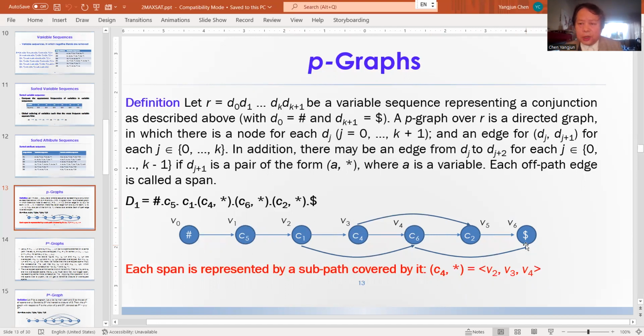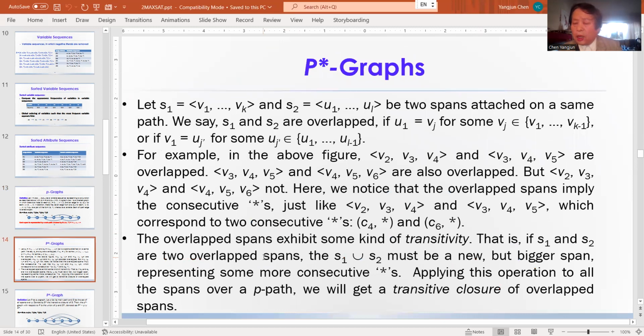From this, we can see that the union of two overlapped spines makes a new but bigger spine which covers two consecutive star notations. Then the overlapped spines exhibit some kind of transitivity.